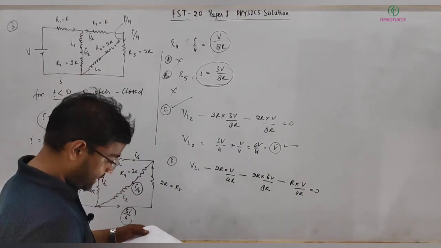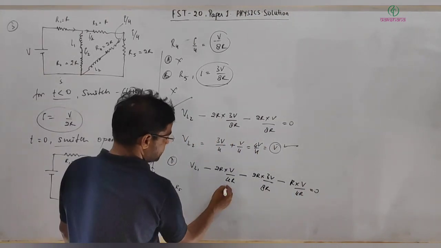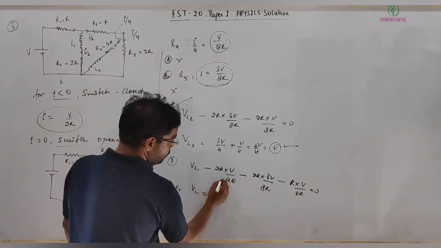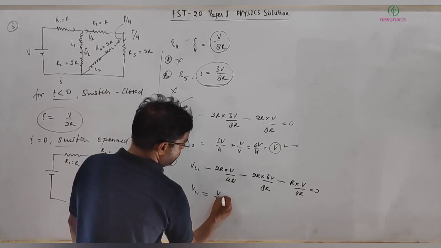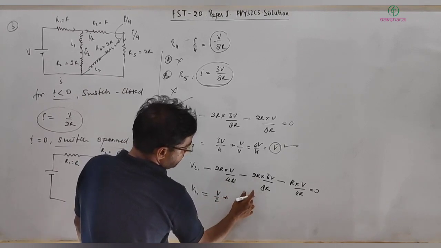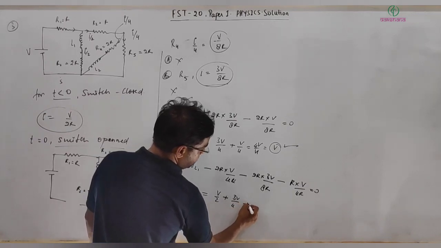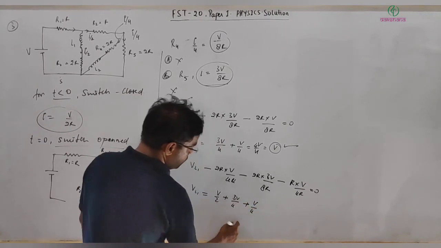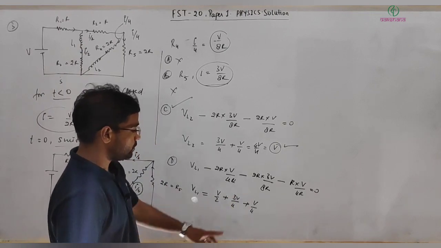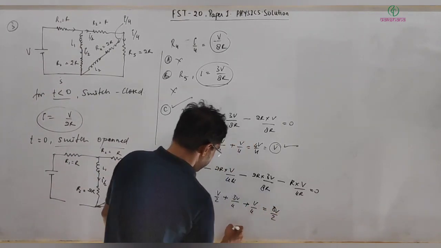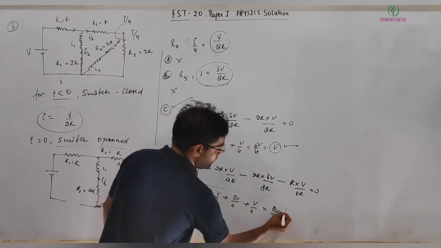We can simplify it and R gets cancelled, so V L1 is equal to V by 2 plus 3V by 4 plus V by 4, which is equal to 3V by 4 plus V by 4, so it's V plus V by 2, that comes out to be 3V by 2, and this is also matching exactly.